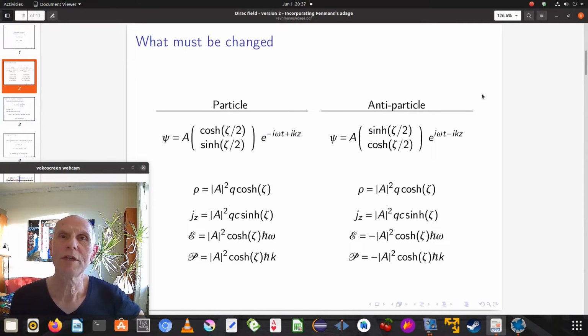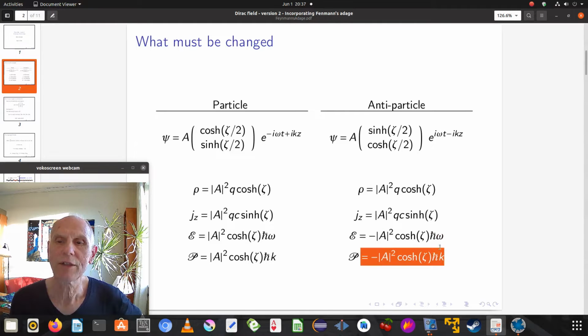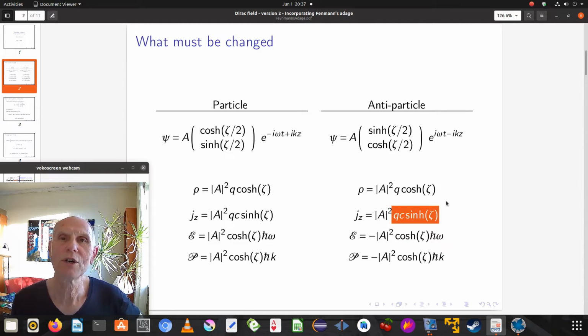We start with the legacy field presented in the last video that had only positive charge densities, so it's a presence density, and the flow is flowing in one direction, and the energy of antiparticles is negative, and the momentum is negative, so that the momentum points in the opposite direction of the velocity.